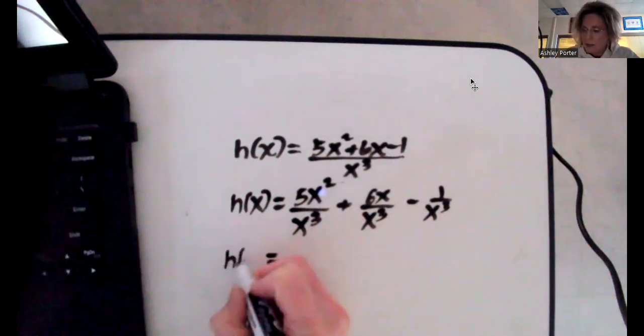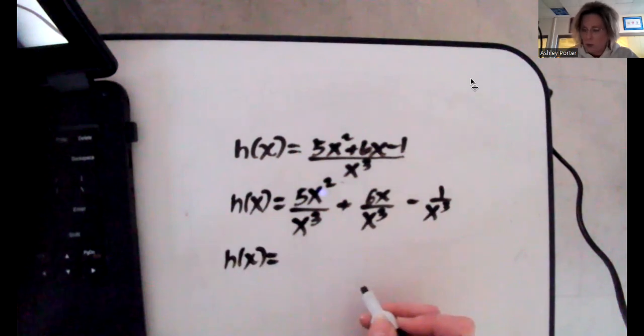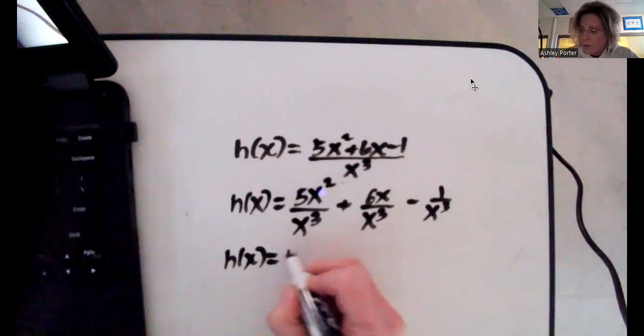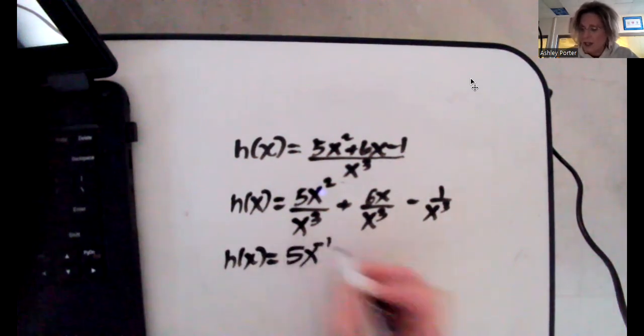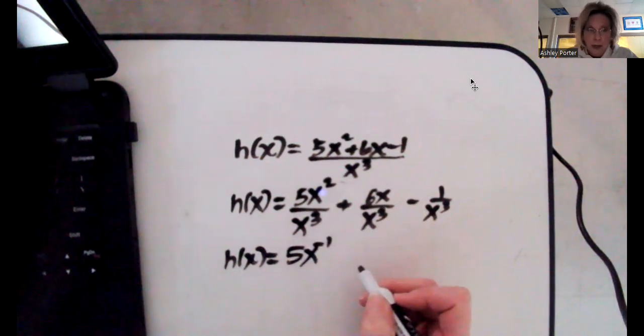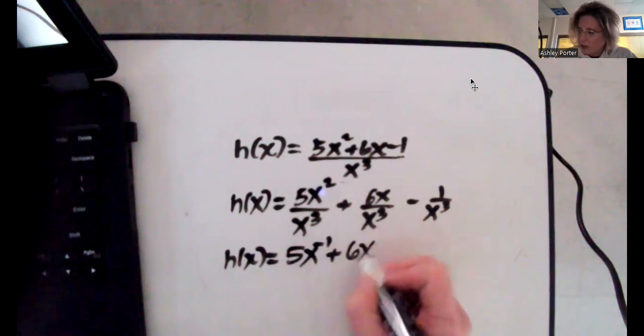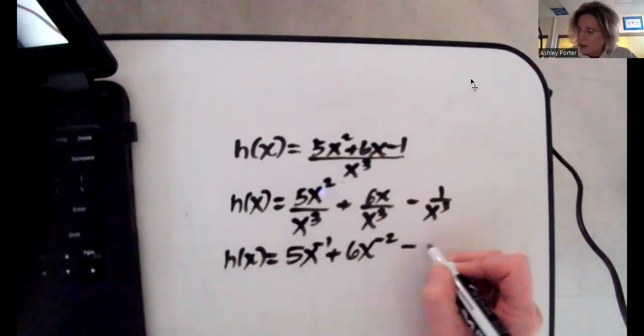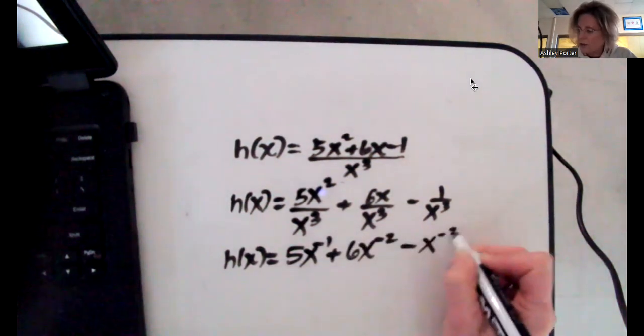So remember, right now I'm still just writing h of x. So I'm going to be real careful with my labels. Now I'm going to make that 5x to the negative 1 because I'm about to do the derivative and I don't want the x on the bottom. Plus 6x to the negative 2 minus 1x to the negative 3.